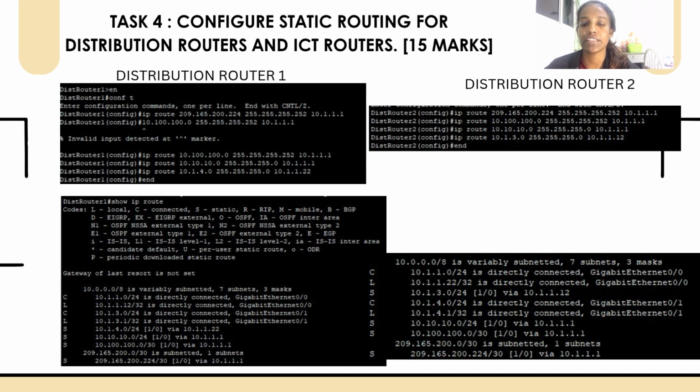So we can configure static routes like ip route 10.10.10.0 255.255.255.0 10.1.1.1, and the ip route 209.165.200.225 will forward any request destined for the ICT department or the web server via the ICT router. After the configuration, we can also verify connectivity using the ping tool in Cisco Packet Tracer to confirm all the routers and end devices can reach one another.